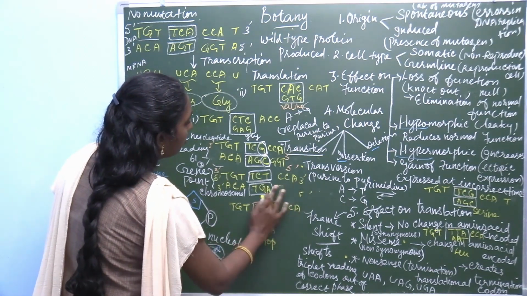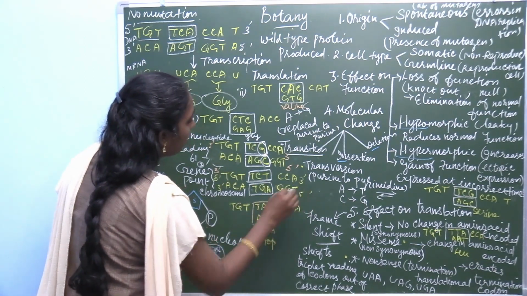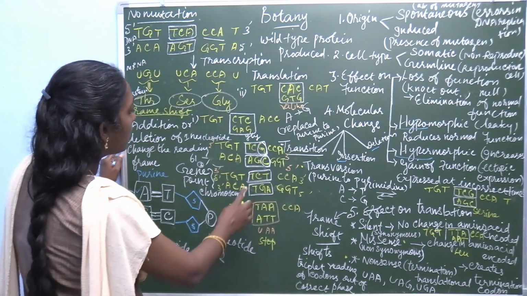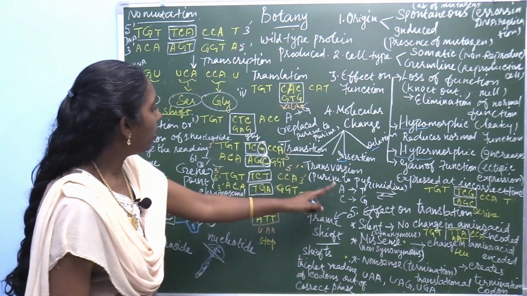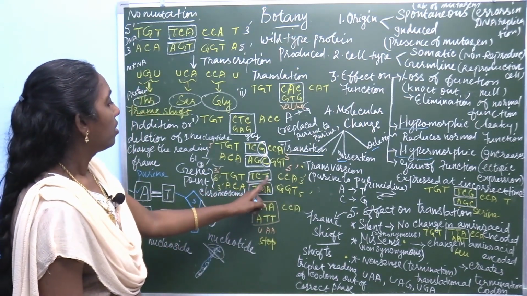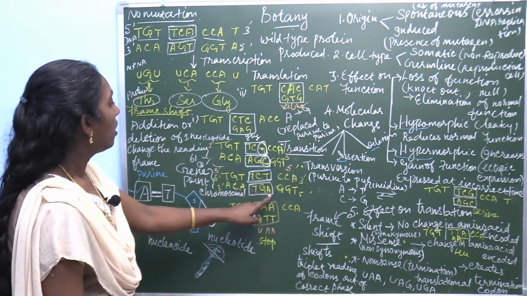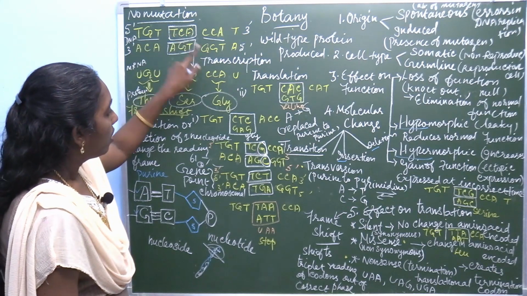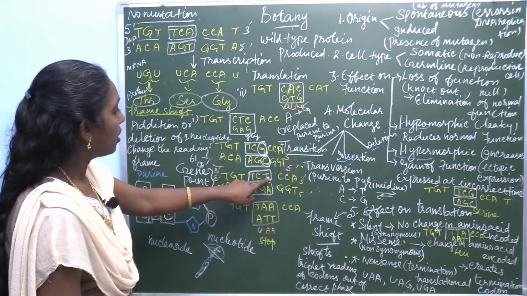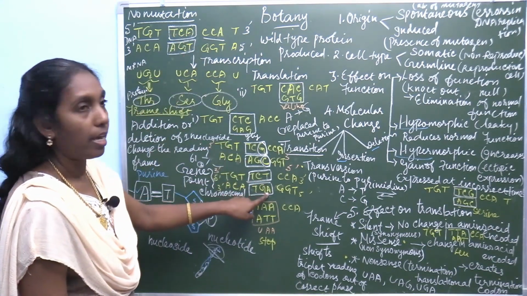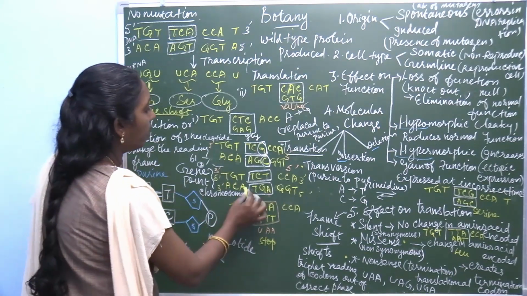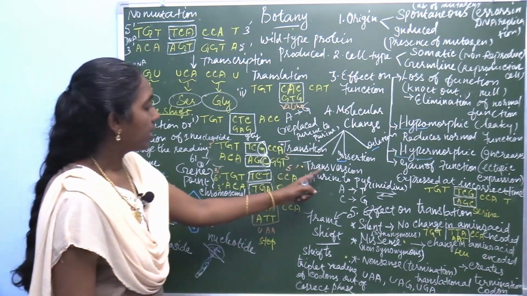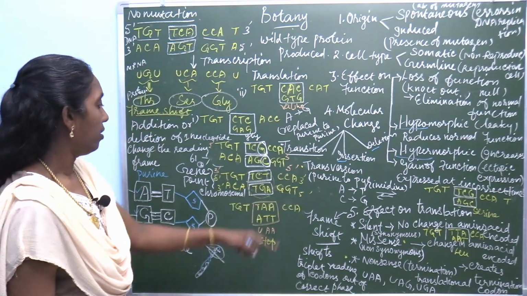C, T, guanine, thymine, so here there is a change. Instead of A, T is present. Instead of T, A is present. So here a mutation takes place, transversion. It is the example of transversion.